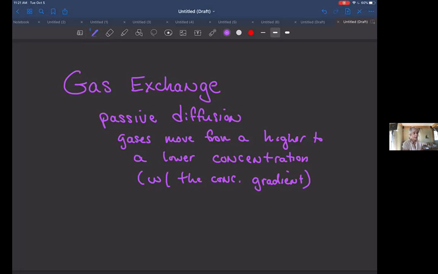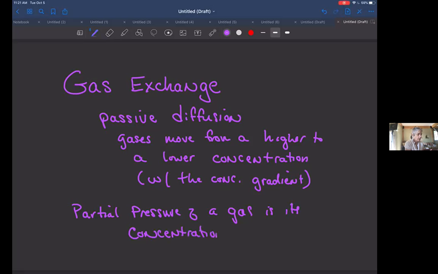So the diffusion of gases depends upon their concentration, and this is what we call the partial pressure of a gas. You'll remember that pressure has to do with the movement of molecules in the atmosphere, and it is measured in millimeters of mercury.